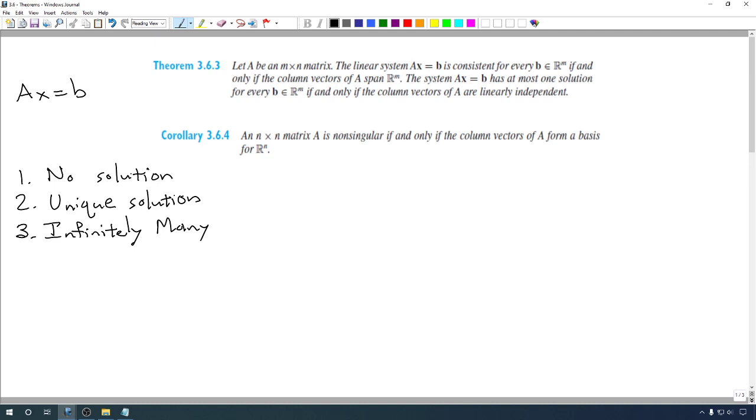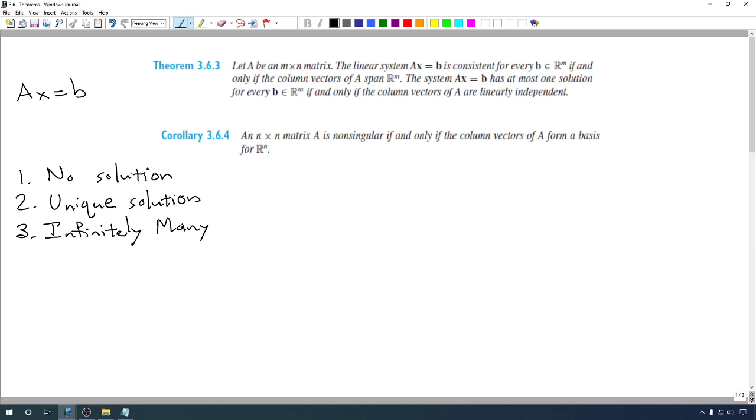Now, Theorem 3.6.3 actually has two parts. The first part says that if Ax = b is consistent for any b, so this applies for every b in Rn, this is consistent for every b if and only if the column vectors of A span all of Rm.